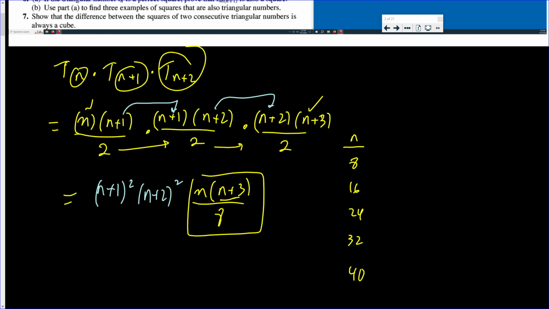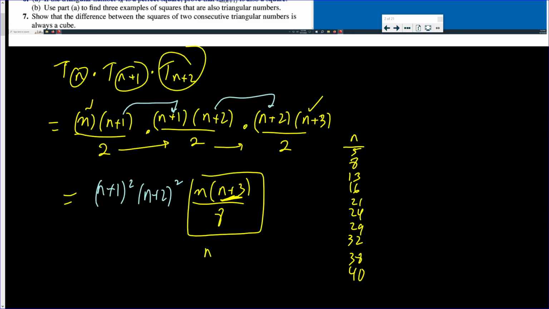And n plus 3 can also be a multiple of 8 when n is 5, or 8 more, 13, and 8 more, and 8 more, and 8 more.